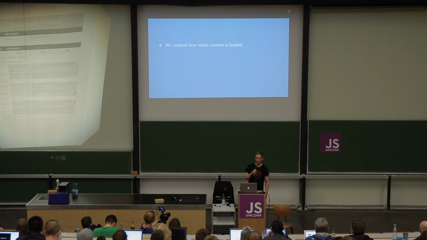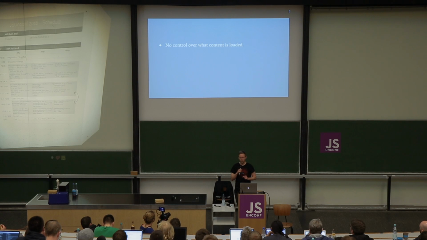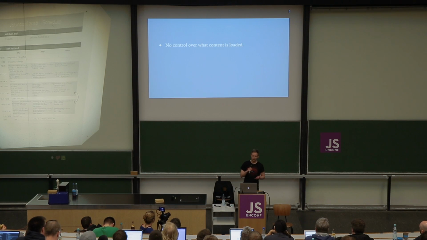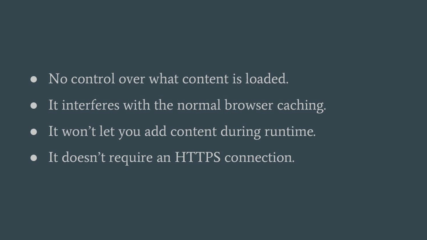The other thing is it is not enough to change files and provide them, but you have to change the manifest itself to signal to the application cache, hey, there are some changes, please have a look. Yeah, that's not that nice. And the other funny thing is the application cache interferes with the normal browser caching.